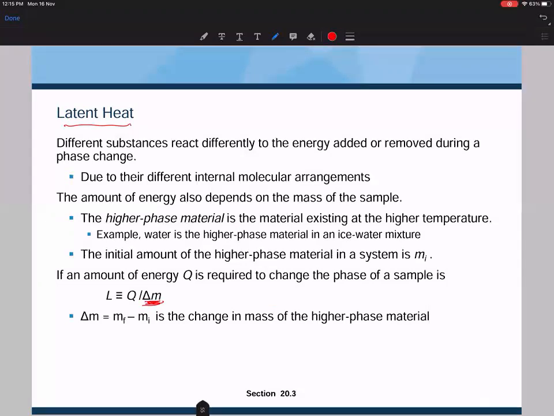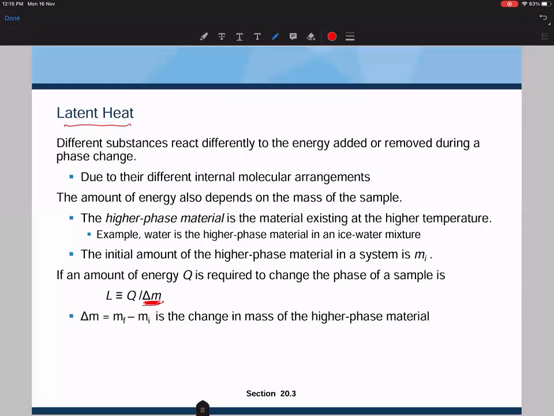Here, delta M refers to the mass change of the system when you are changing it from one phase to the other. For example, some of the water may be boiling, but it does not boil completely. So only the part of the water that turns into steam would be considered for the latent heat.